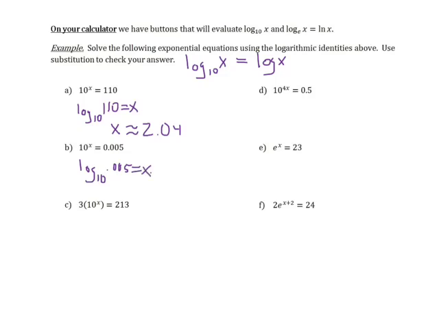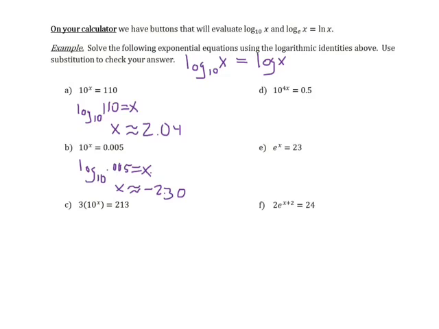Using our calculator, we get that x is approximately negative 2.30. And again, that's what we expect, because this is a small number. 10 to some negative exponent will give us a fraction, 1 over 10, and that's going to give us this.